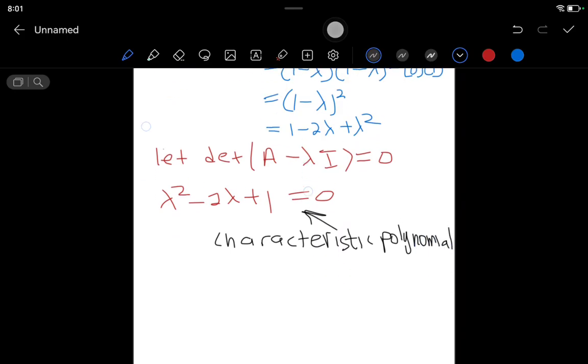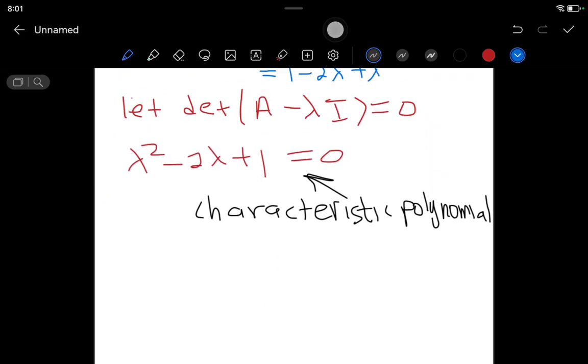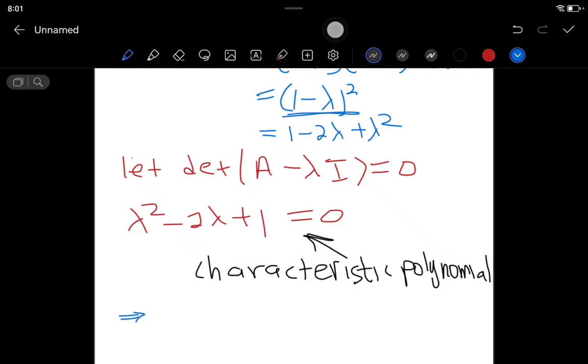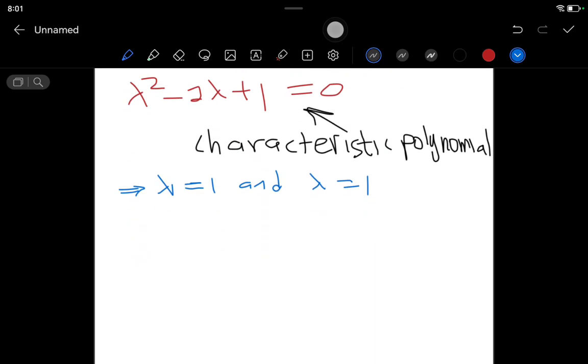We can try to factorize it, and we know we're going to get lambda equals 1 and lambda equals 1. Now, when we get lambda equals 1 and lambda equals 1, what does this tell us?